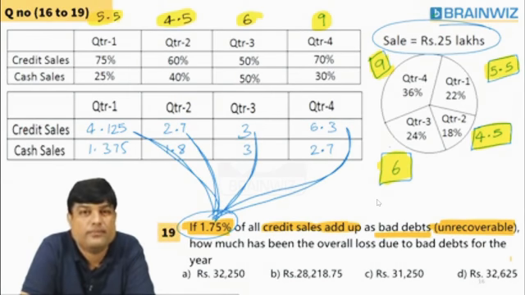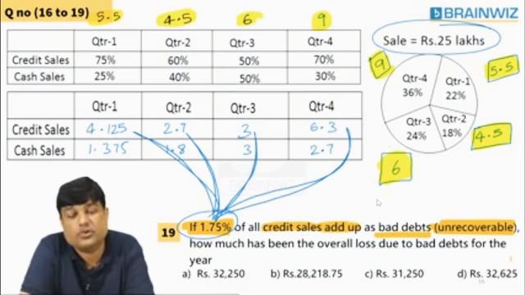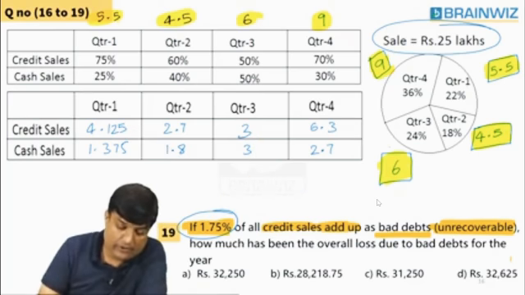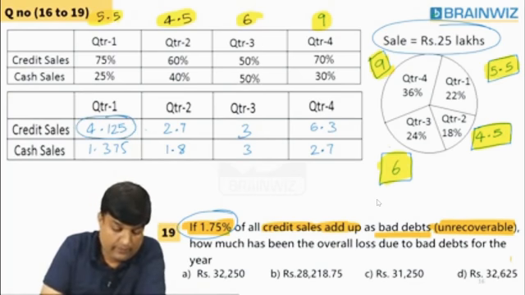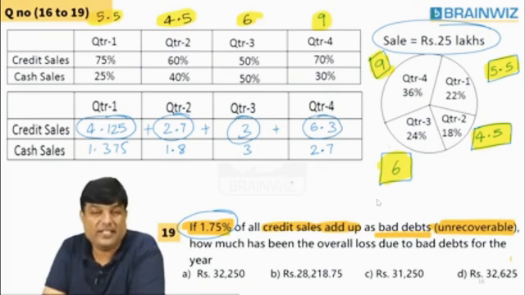So what happened? 1.75% on credit sales. So is this 1.75% of all 4.125 plus 2.7 lakhs plus 3 lakhs plus 6.3 lakhs?